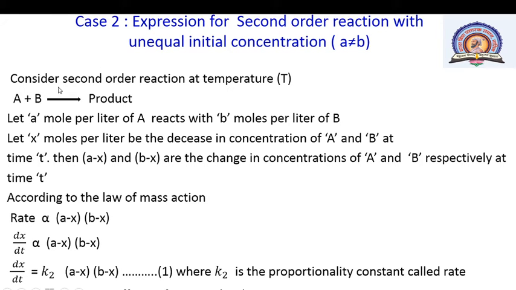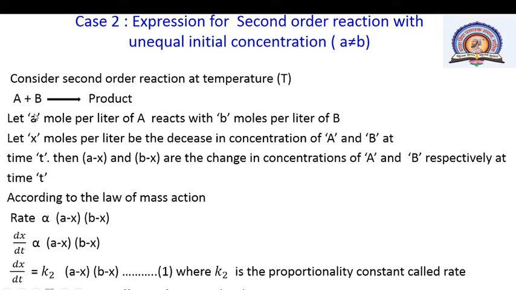Consider the simple second order reaction at temperature T. Reactant A plus reactant B gives the product. It means two different reactants having different, that is unequal, initial concentrations. That is, a is not equal to b.